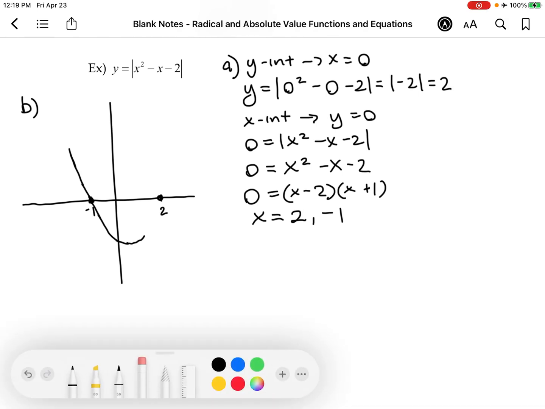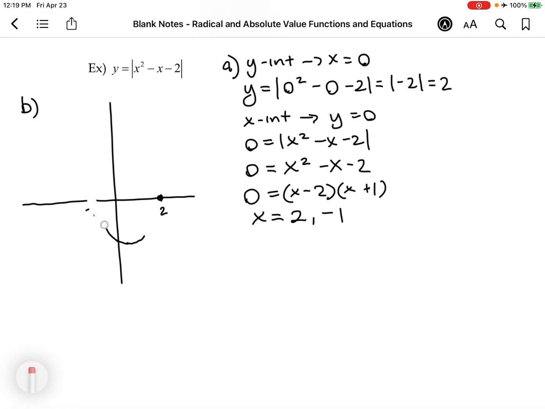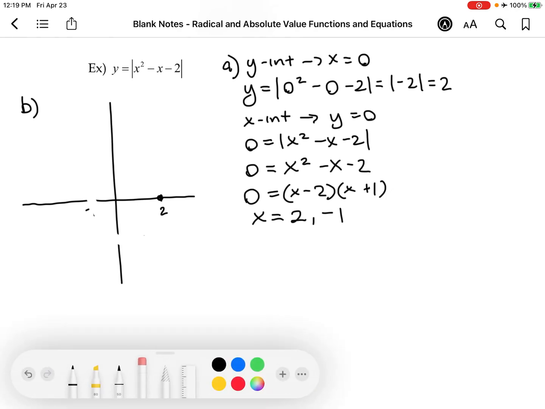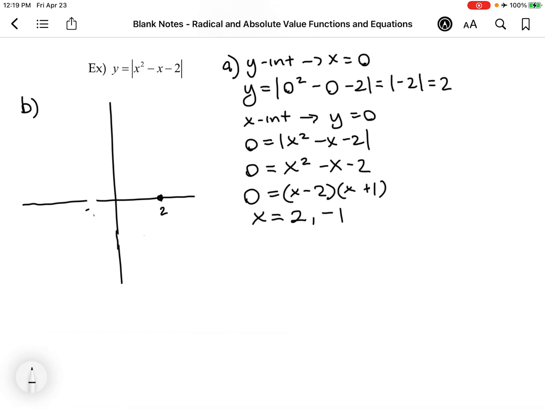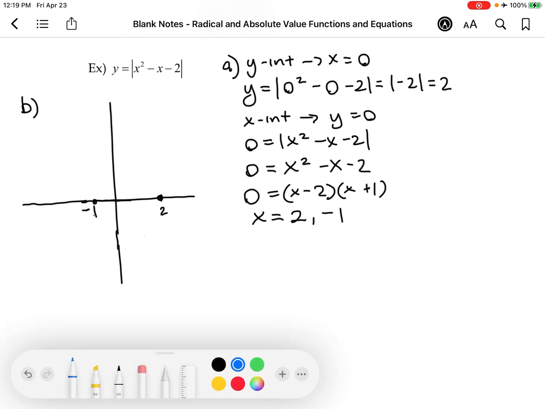Oh, I was going to do this in a different color. Sorry, let me change that. I'll do my absolute value function in black because that's what I was actually asked to graph. Okay, so if we actually have the original function, the two zeros would be at -1 and 2.